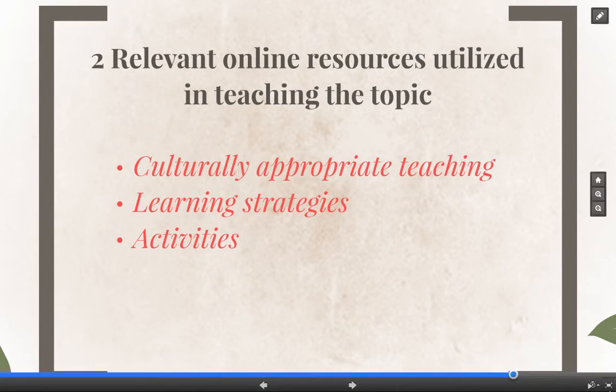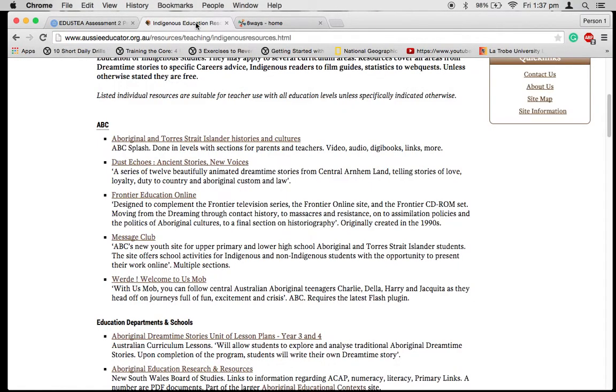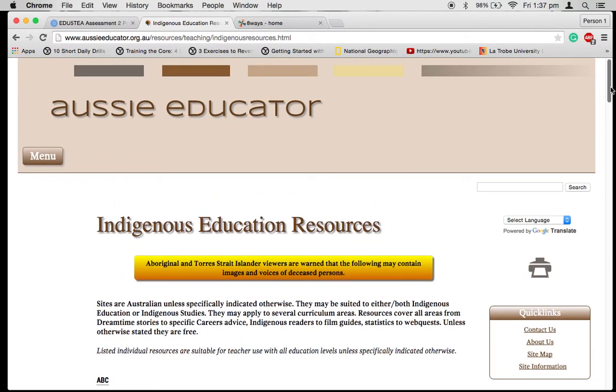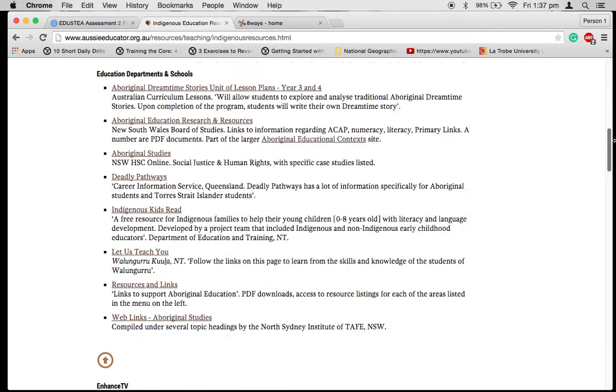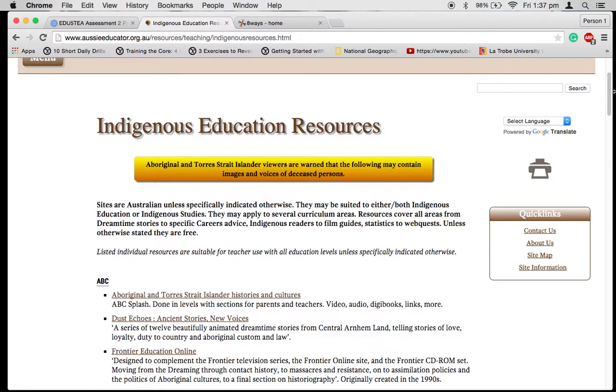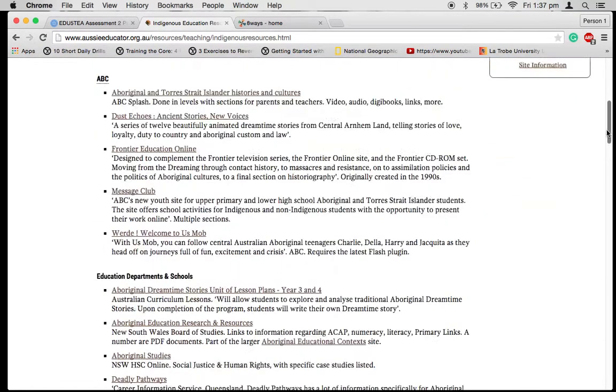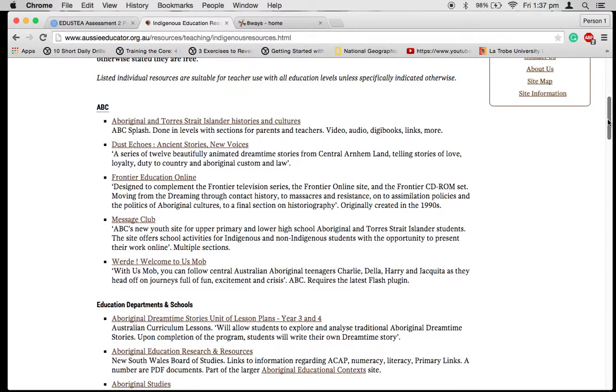Those two online resources are the AussieEducator.org website, which goes into various Indigenous resources that may be utilised. I may use Dust Echoes, which is a visual and audio animated resource that talks about Aboriginals and their duty to the country and their laws.